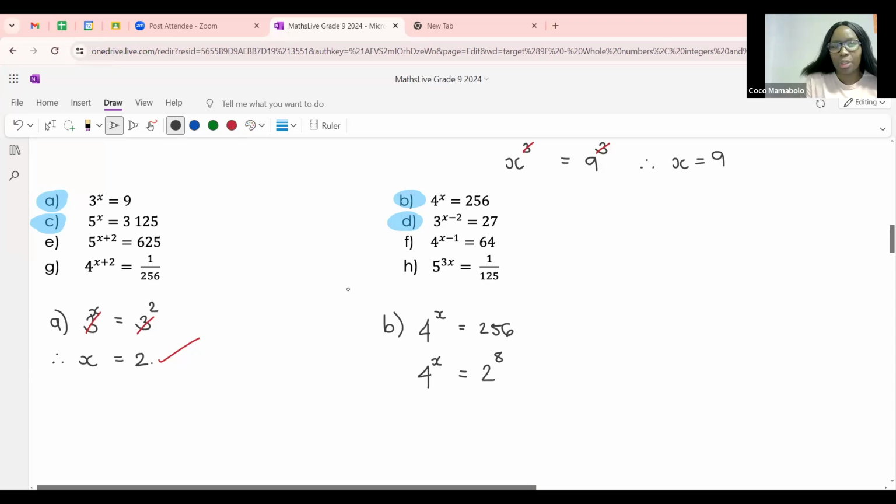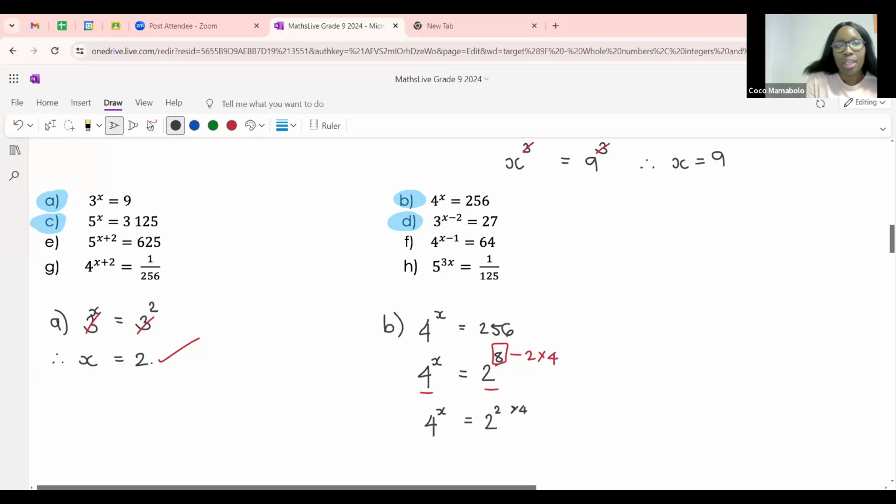But this isn't going to help me because I've got a 4 there and I've got a 2 there. But I know that I can split 8 into 2 times 4. So I'm going to rewrite this side as 4 to the power of x is equal to 2 to the power of 2 times 4.